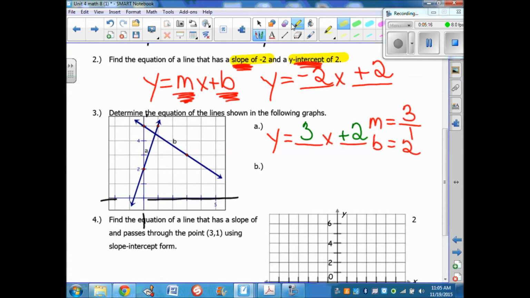So I will highlight B, so it's that line right there, and let's see what information we can get for line B. Can we find our y-intercept, and can we find our slope? Our y-intercept, I see right there where it crosses the y-axis, and what is that value?